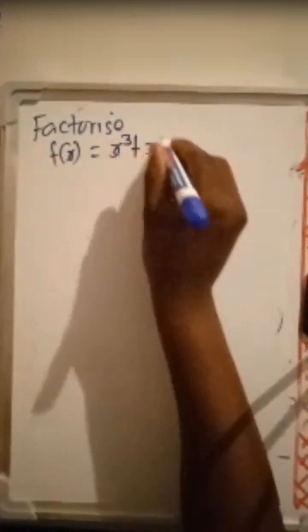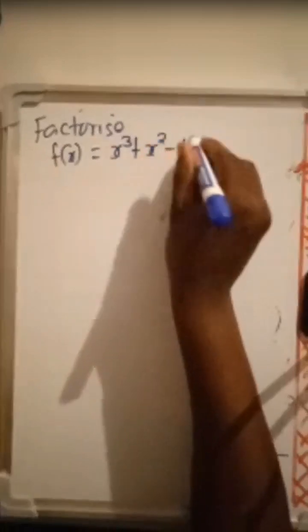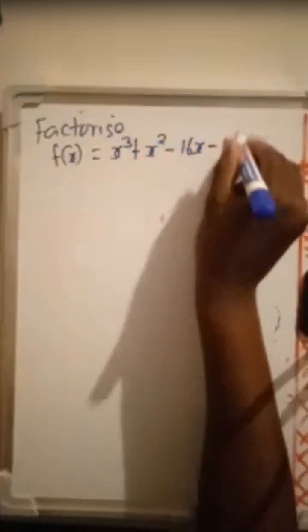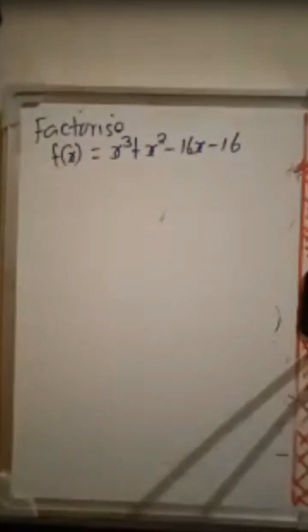Factorize f of x equals x cubed plus x squared minus 16x minus 16, like that.